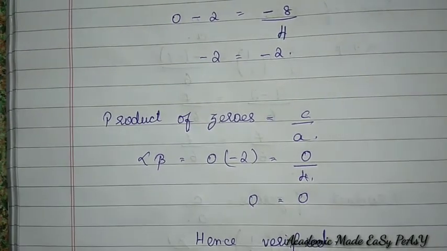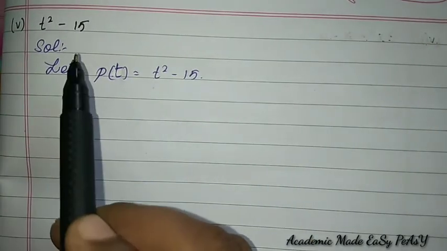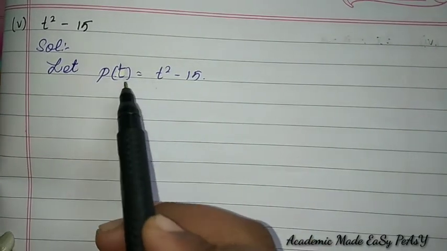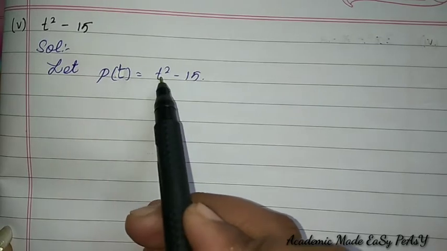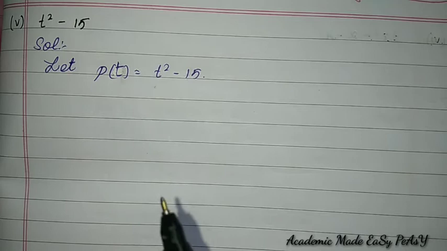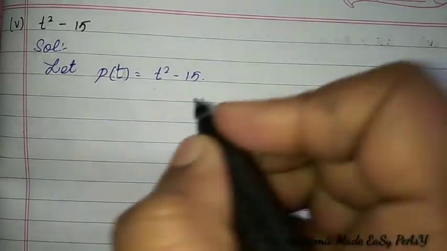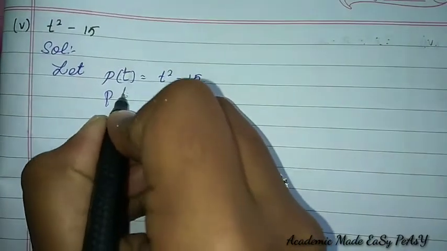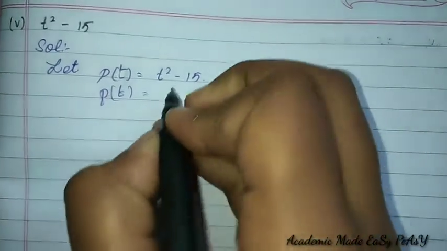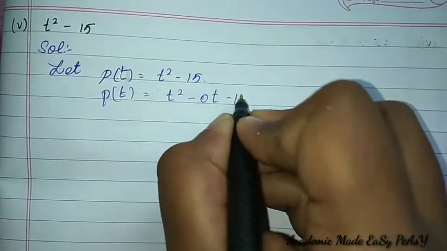That's it. So fifth subdivision, t square minus 15. So now I have taken this polynomial as p of t. So t square minus 15. So in the last question, the constant was missing. And here the t term is missing. It means that p of t is equal to t square minus 0t minus 15.